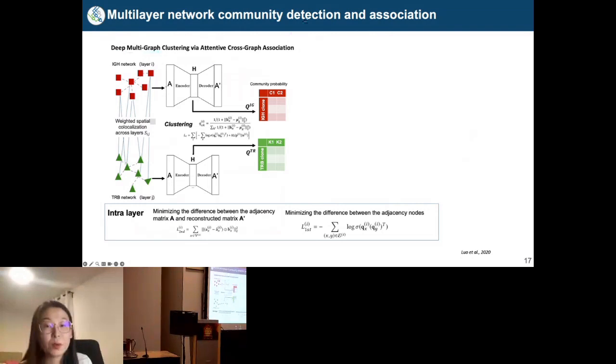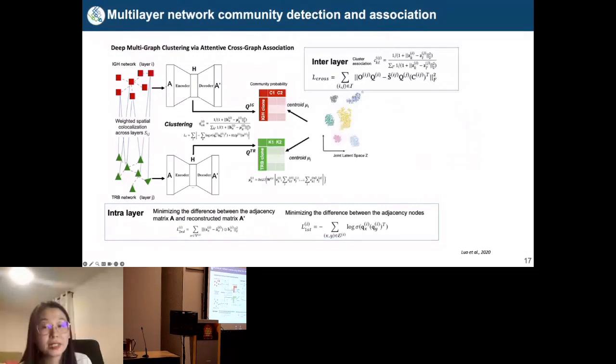Meanwhile, we defined a cluster association matrix C from a unified space to update the cluster centroid mu from the latent space of IgH and TRB using an attention-based function. The idea of this step is the more related two clusters from different layers are, the more shared edges they have.